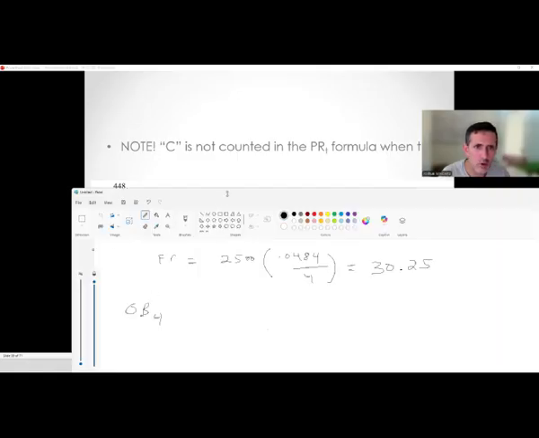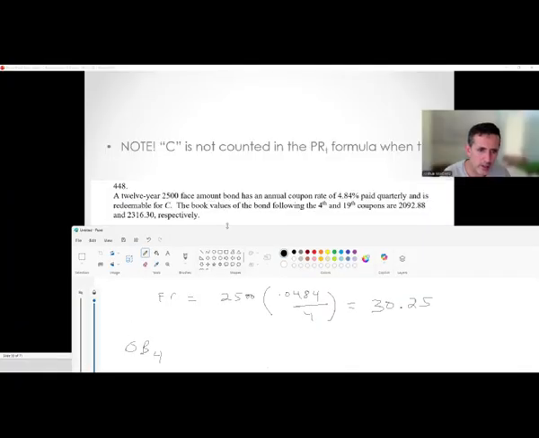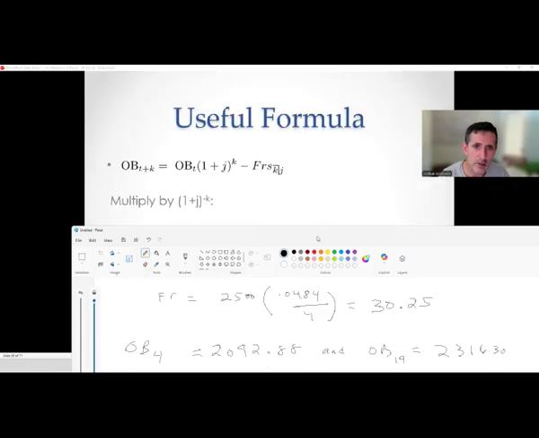So yeah, we're given OB_4, 2,092.88, and OB_19, 2,123.16.30. All right, so we have everything plopped into here.